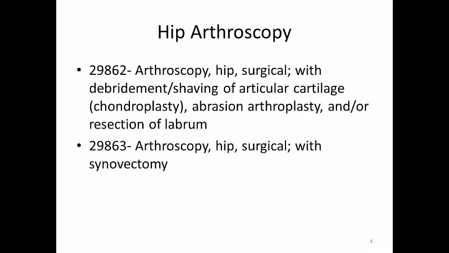So as far as hip arthroscopy, there are really basically 5 codes that we're dealing with. These 2 are ones that have been around for quite a bit of time. It's the 29862 and the 29863.